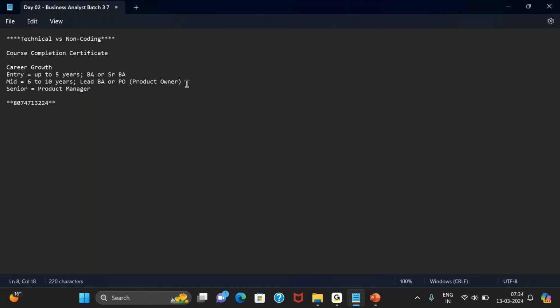So that's how we are aiming to progress in our career, that you start as a BA, business analyst, get on to senior business analyst, try to become a lead business analyst, or equivalent to lead business analyst is the product owner role. Perform the product owner role for some time, gain sufficient experience, and then move on to the product manager space as well.